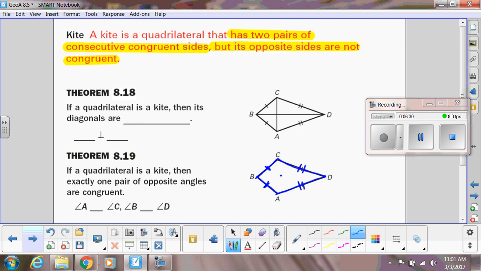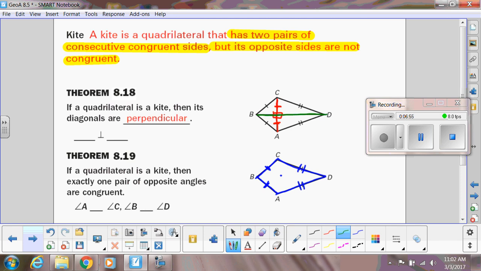All right, so if a quadrilateral is a kite, then what we know is that the diagonals are perpendicular, right here. And let's think about this for a minute. In a kite, this is symmetrical. So this diagonal right here is the only one that's cut in half. Notice that this one, the green one, is not cut in half.